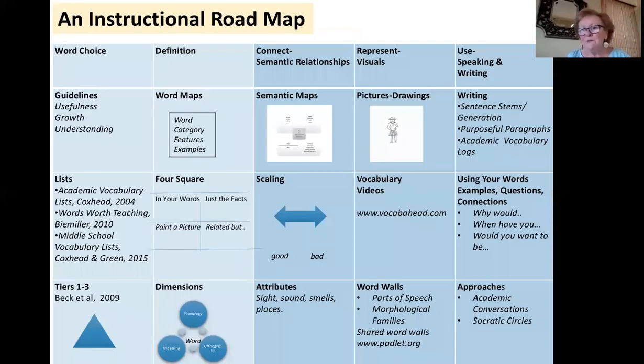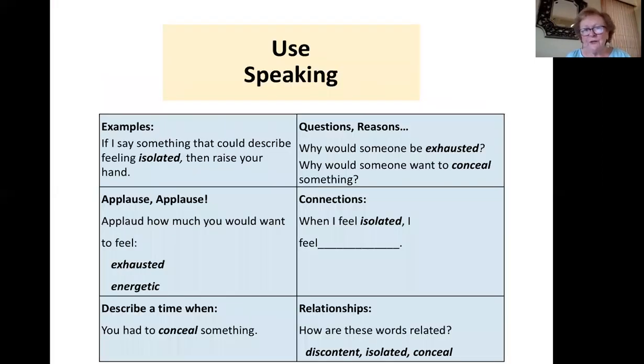And then the third column again, the use. So speaking, getting our students to talk about the words, to use the language. And this, of course, is based on some of the work of Beck and McKeown. So you've seen something similar to this. If I say something that could describe feeling isolated, then raise your hand, and then you would give a description.